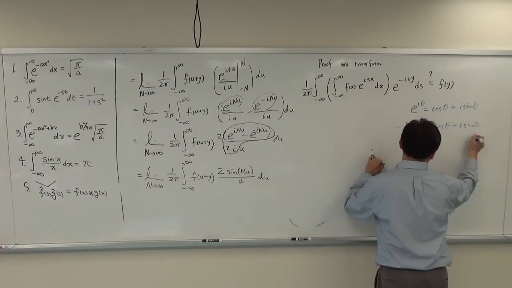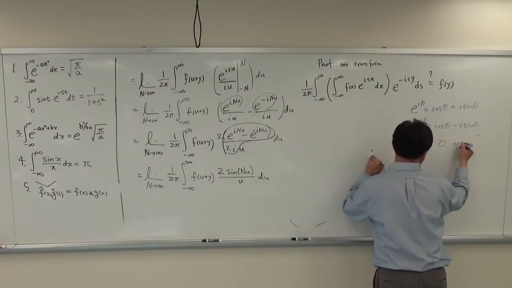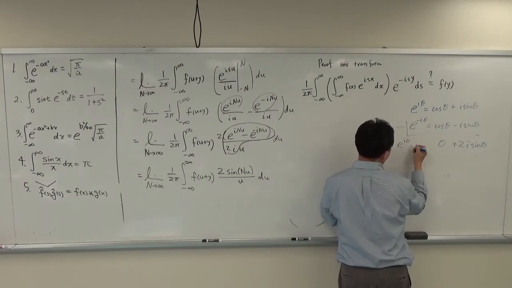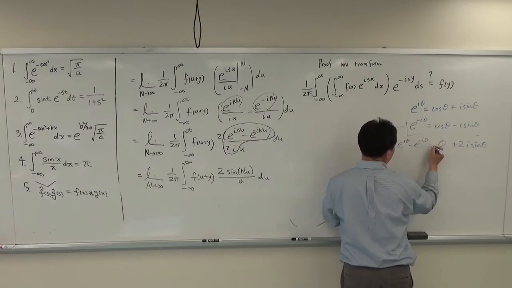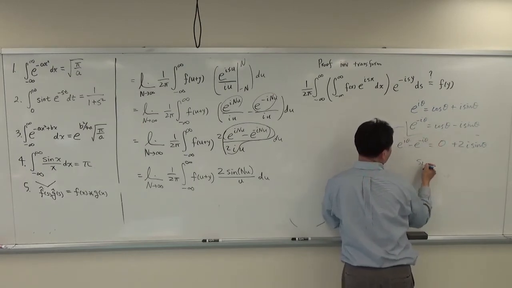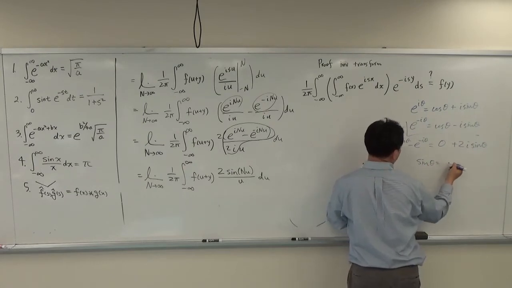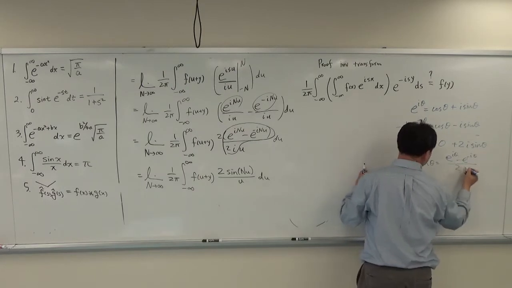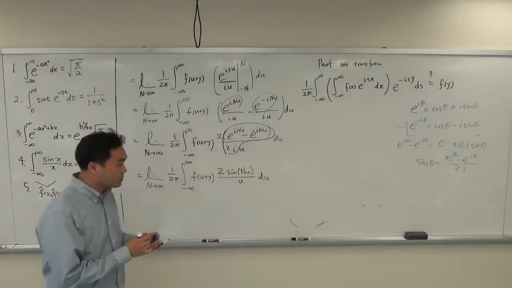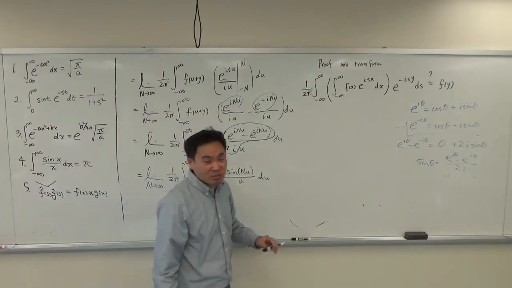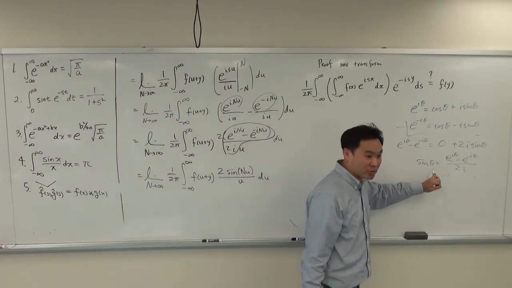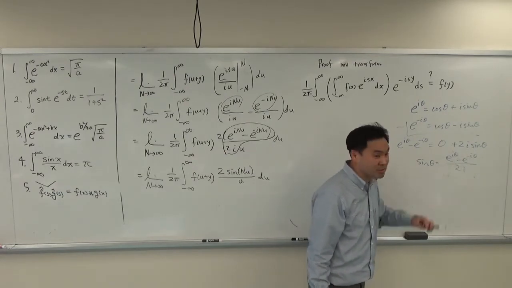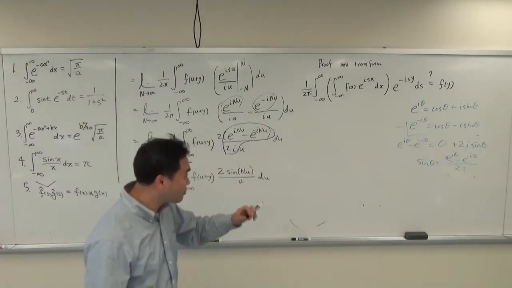So if you subtract, the cosines become 0, but you get 2i sine theta as e to the i theta minus e to the negative i theta. Then if you divide, you get sine of theta equals e to the i theta minus e to the negative i theta over 2i. If you recall, this is how we introduced sine hyperbolic. Sine hyperbolic is when you don't have the i's, the same formula without the i.